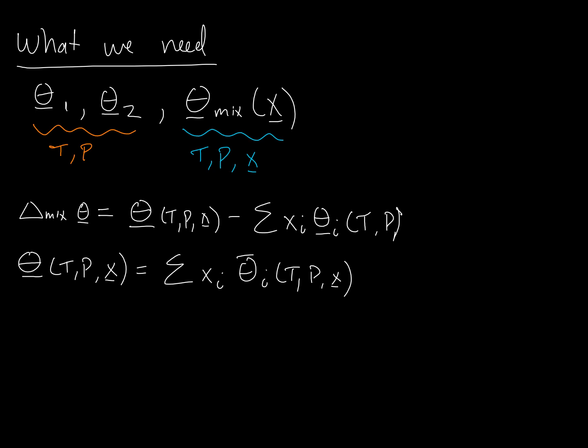The property of the mixture is written as the summation of the weighted average of the partial molar properties. And so we can write these together, and the change upon mixing is merely the difference between the partial and pure species properties.